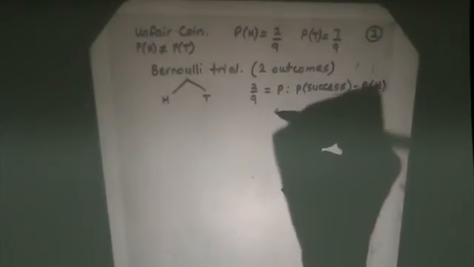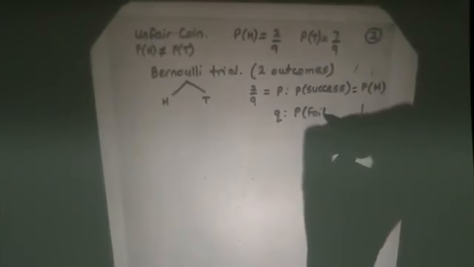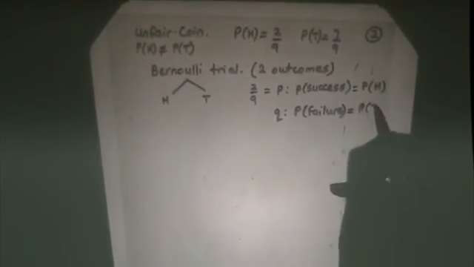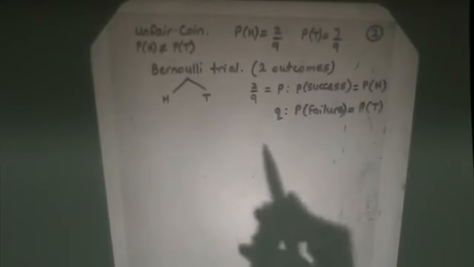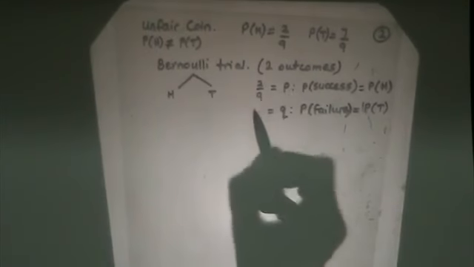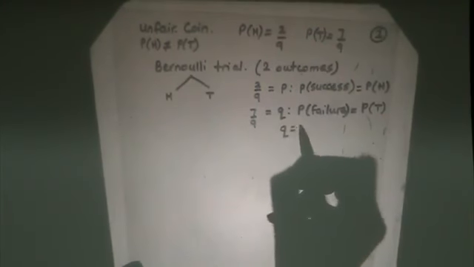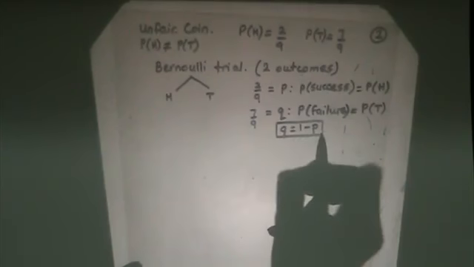And Q is the probability of failure, the probability of tails in this case. So my tails are failures because I assign it that way, 7/9. And Q, of course, is just 1 minus P. Those two add up to 100% at all times.